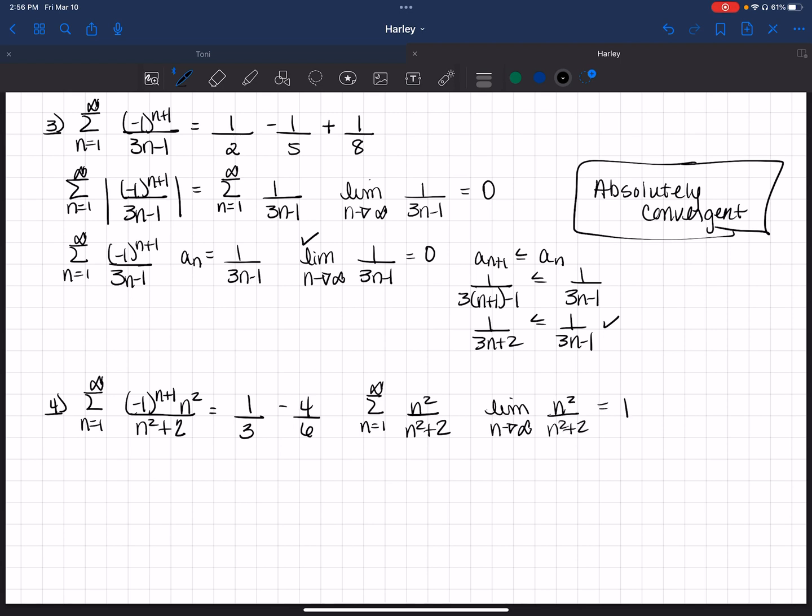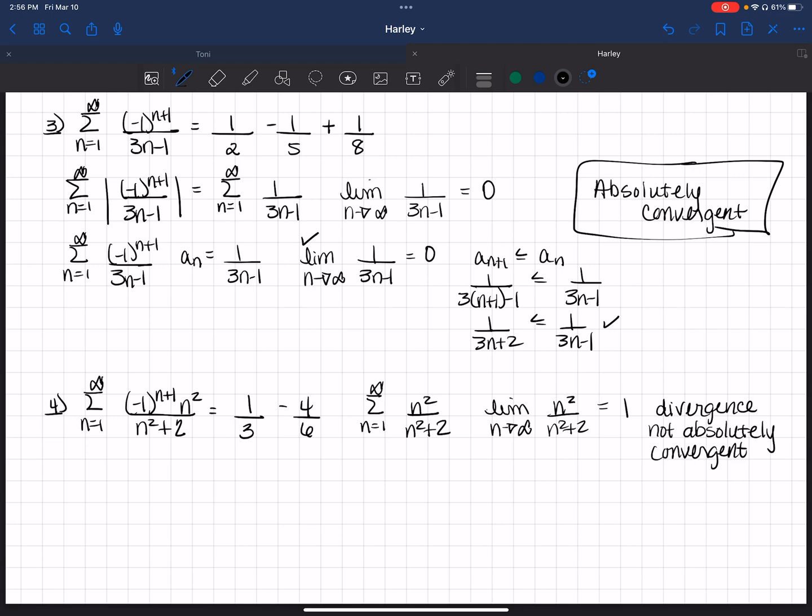Since it doesn't equal 0, that gives me a divergence right there. But remember, all I was doing was testing for absolute convergence. So here we say not absolutely convergent.